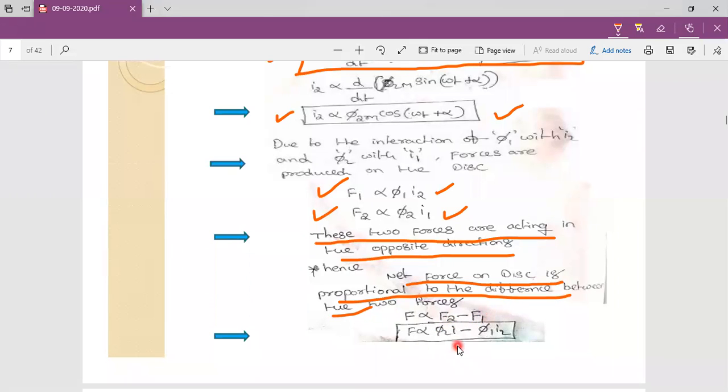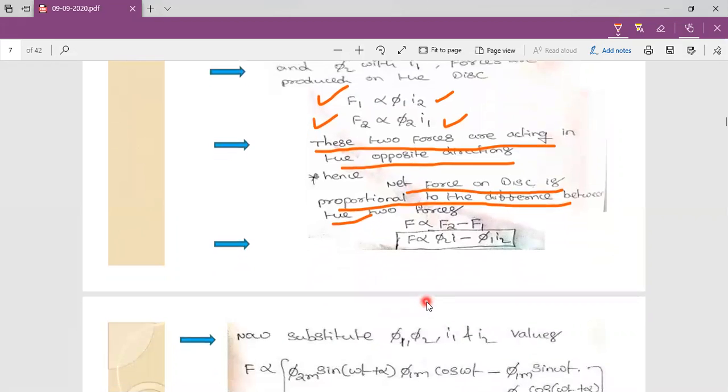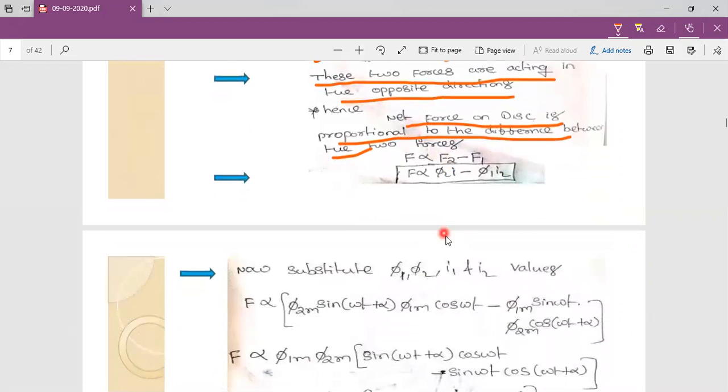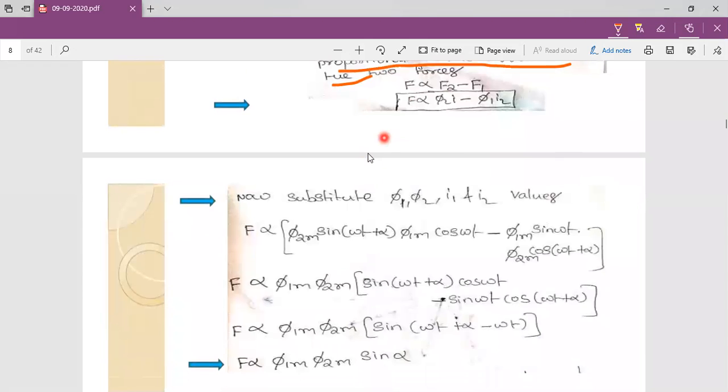Here we already know the value of F2 and the value of F1. The F2 value is phi2 I1 and the F1 value is phi1 I2. So by using this information, we are going to calculate F, which is nothing but the net force, or in place of F we can write torque also.